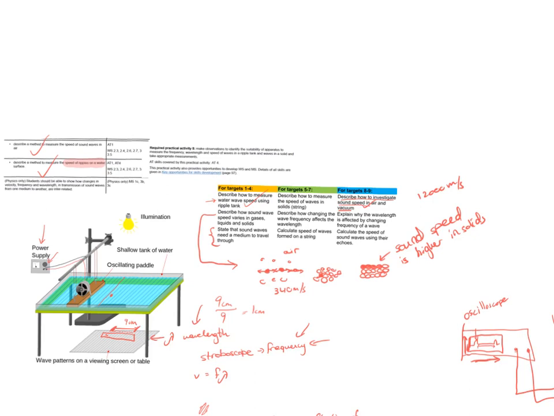Students, for physics only, should be able to show how changes in velocity, frequency, wavelength in transmission of sound waves from one medium to another are interrelated. We did talk about this in terms of water waves and light, and I will go on to explain how that works with sound waves.